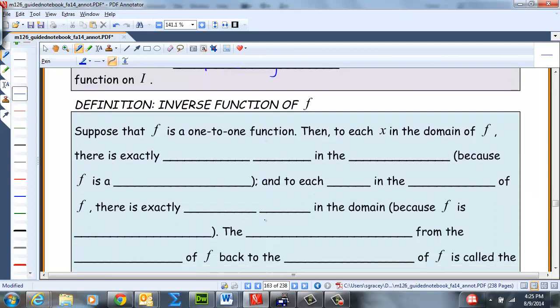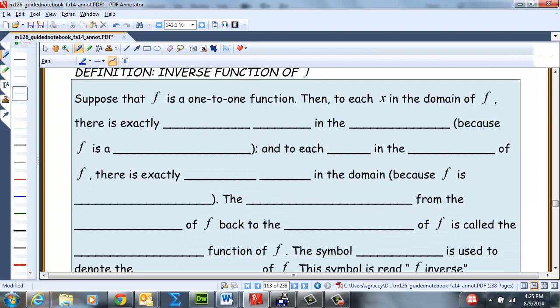Okay, so inverse function of f. Suppose that f is a one-to-one function. Then, to each x in the domain of f, there is exactly one y in the range. And that's true because f is a function. And to each y in the range of f, there is exactly one x in the domain. And that is because f is one-to-one.